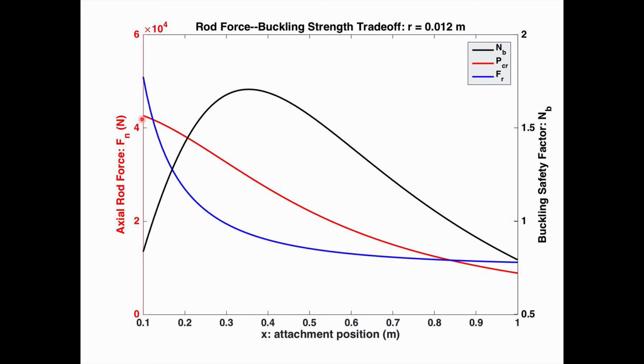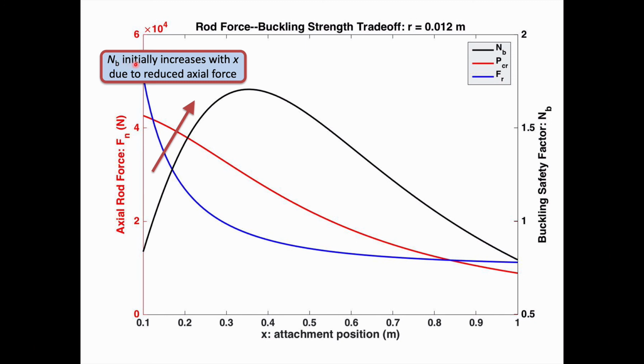And this depends on geometry and on the stiffness of the material. But that's not changing in this design problem. As we increase the attachment position, we are increasing the length, and that is going to reduce the critical load. We want to make sure that the compressive force does not exceed the critical load, and we can see that occurs right here.